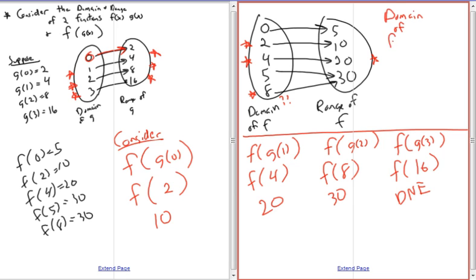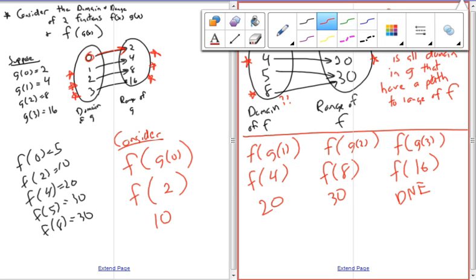So if we were talking about the domain of f composed of g of x, this new function, what we're looking for is all the input values, all the domain in g, all the values that I'm allowed to put in here, that actually have a path through to the range of f.